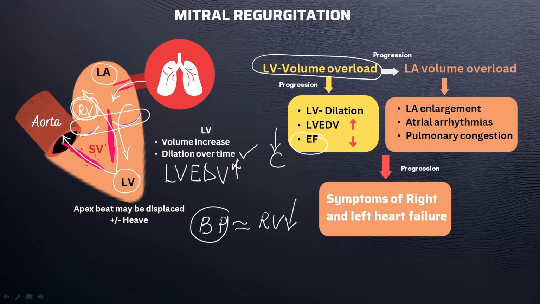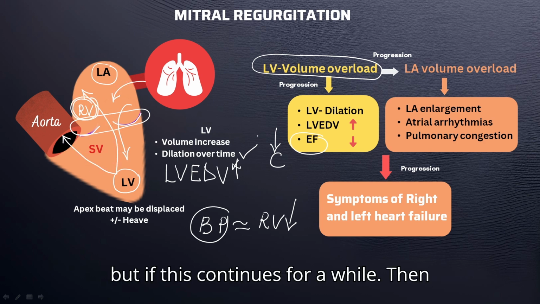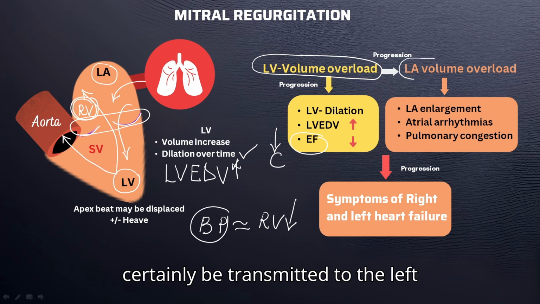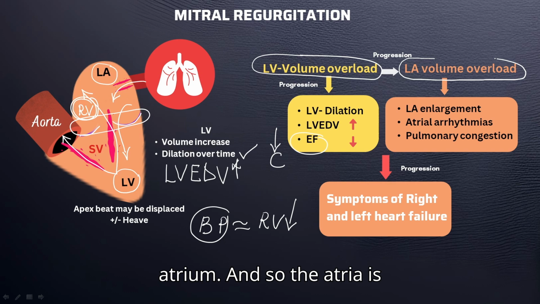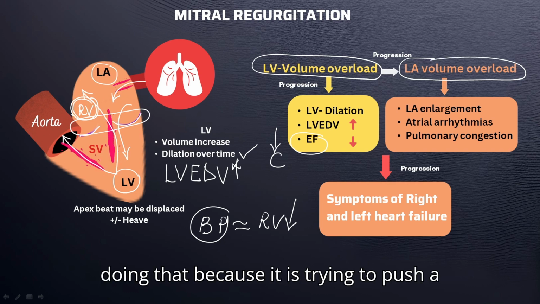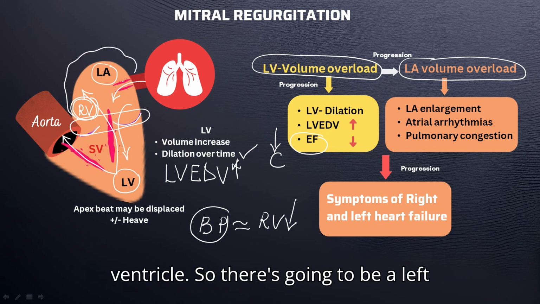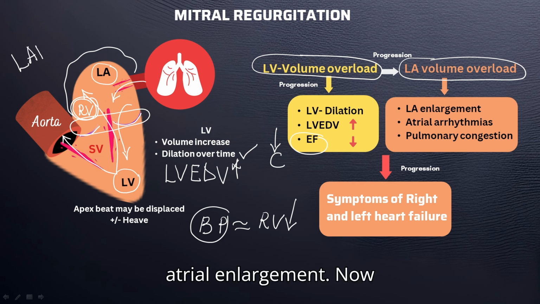Okay. But if this continues for a while, then the volume in the left ventricles will certainly be transmitted to the left atria. And so the atria is doing that because it is trying to push a lot of fluids or blood into the left ventricle. So there's going to be a left atrial enlargement.